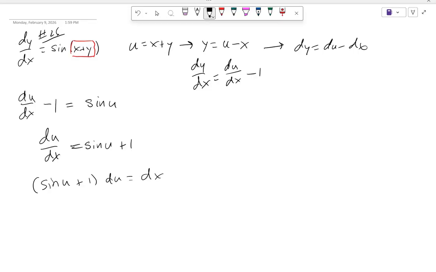It's 1 over that, isn't it? It'd be a lot easier if it were just the other. Is that okay? All right. Now it's actually separated, so the hard part would be to get this integrated.